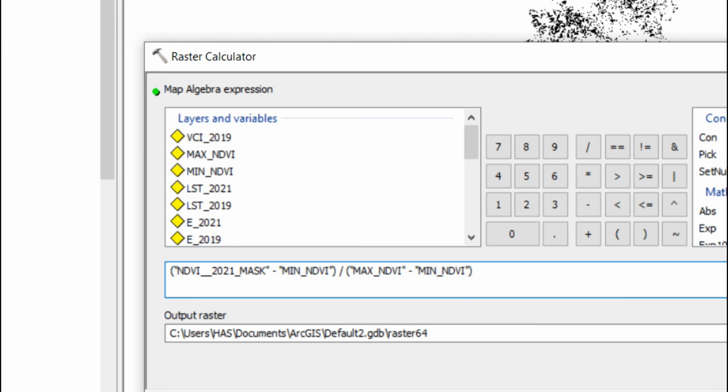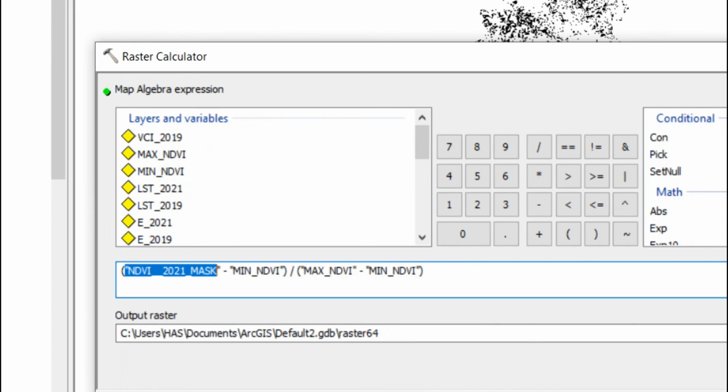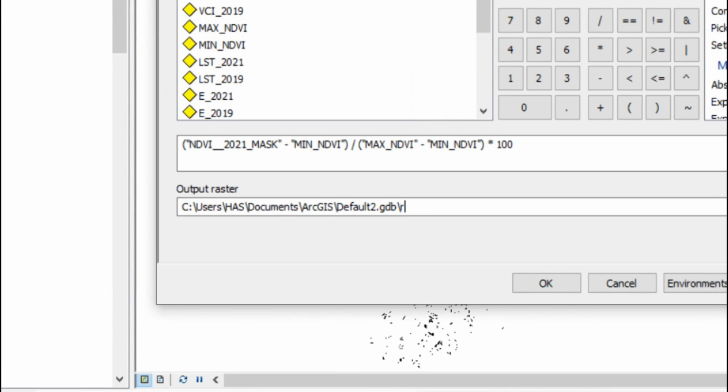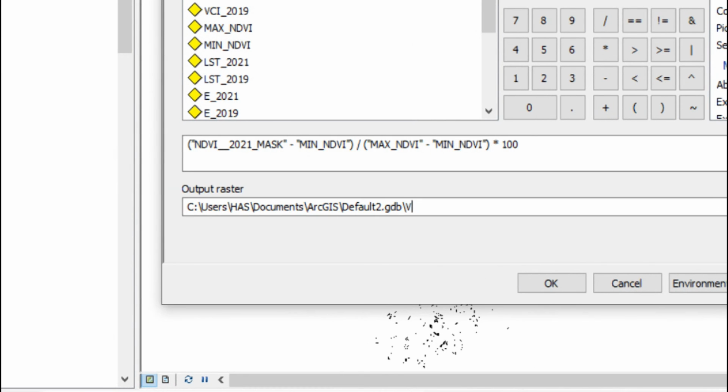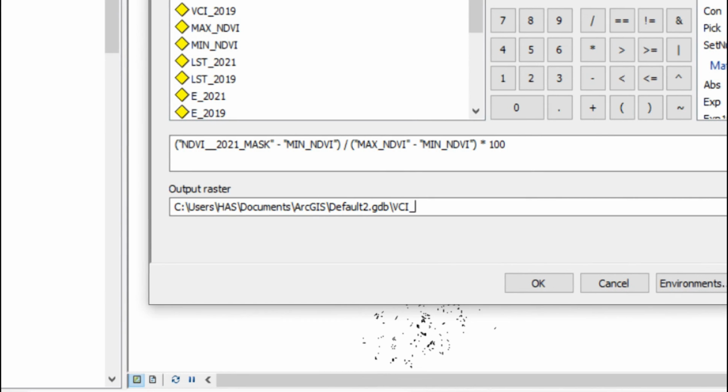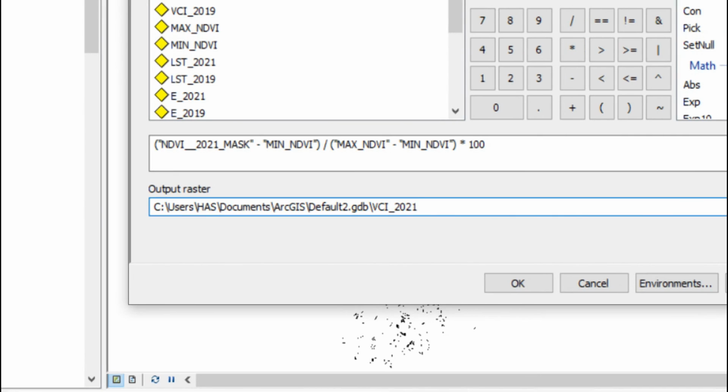We only change the layer that we need to calculate the VCI for. So multiply it by 100, and we're gonna name it again VCI for 2021, and okay.